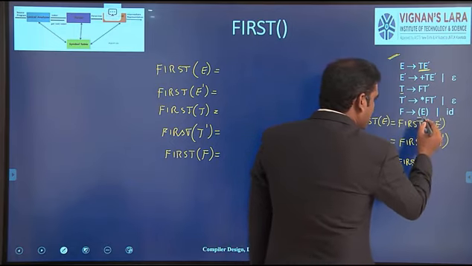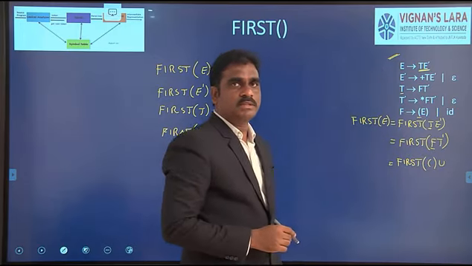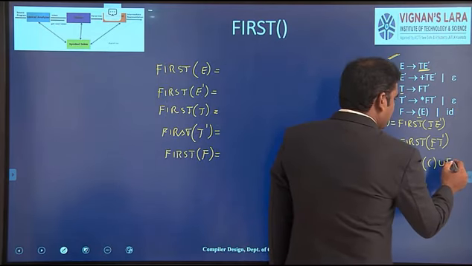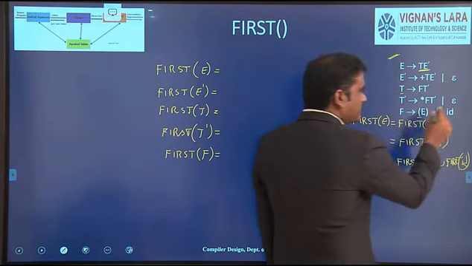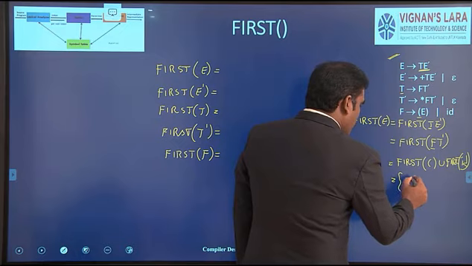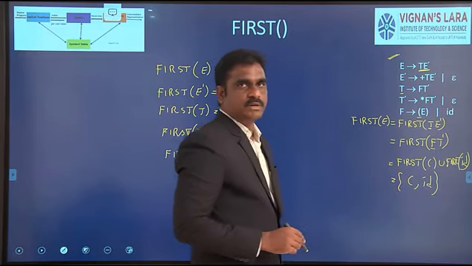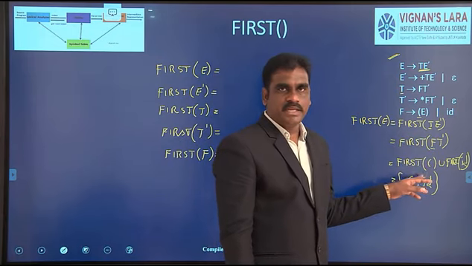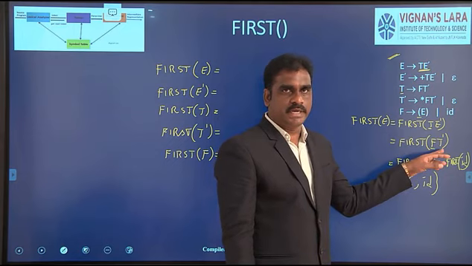The first symbol is open parenthesis, union first of the second one, which is ID. So the result is open parenthesis comma ID. That means first of F does not contain any epsilon symbol, so no need to add first of T dash.